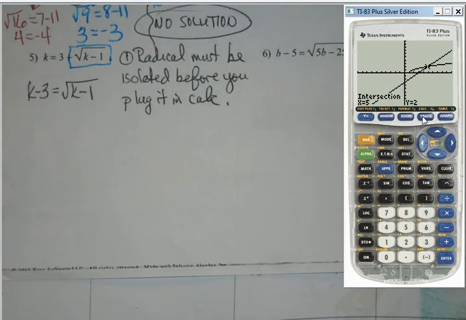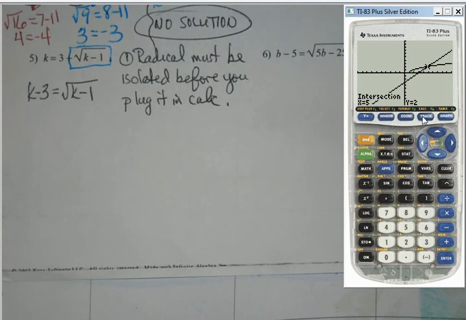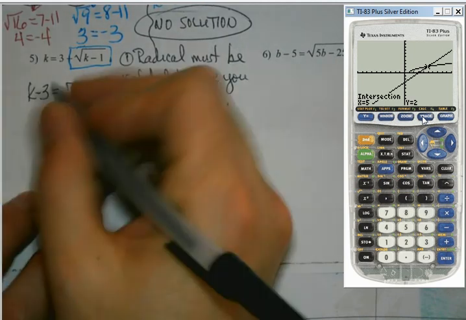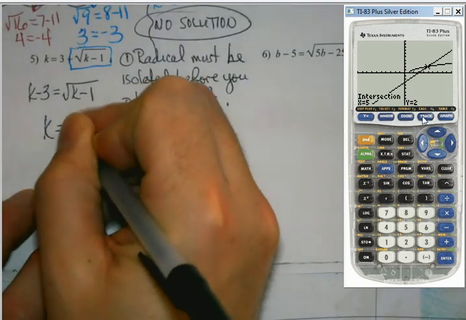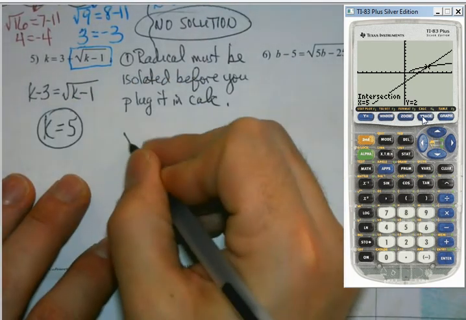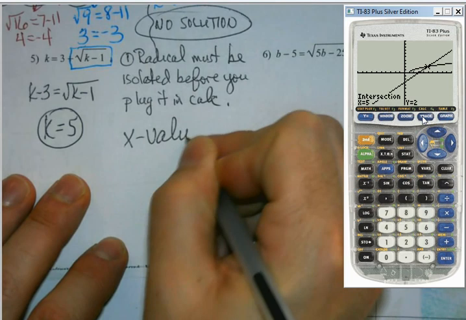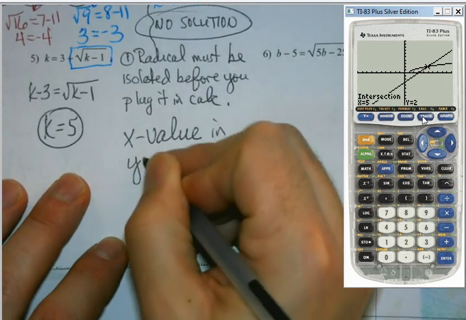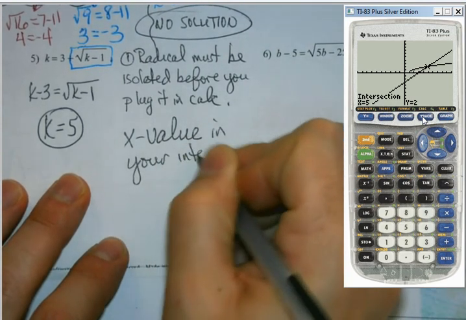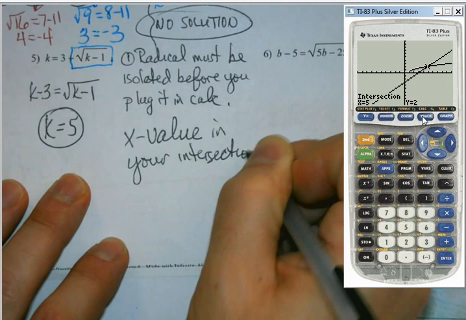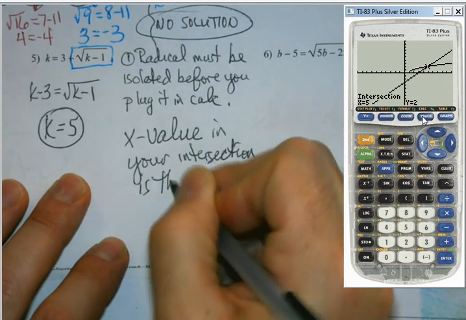So which one of those numbers is my actual answer? The 5 or the 2? Are they both answers? No. 5. Okay? Because on all of these, the x value in your intersection is the answer.